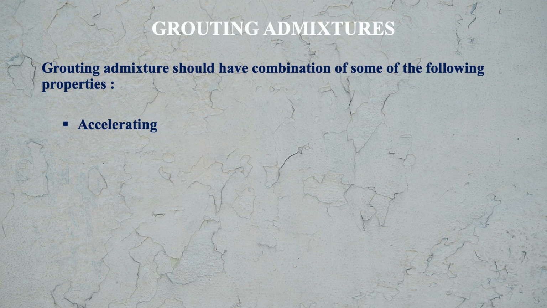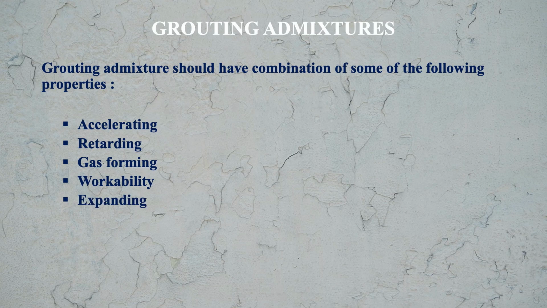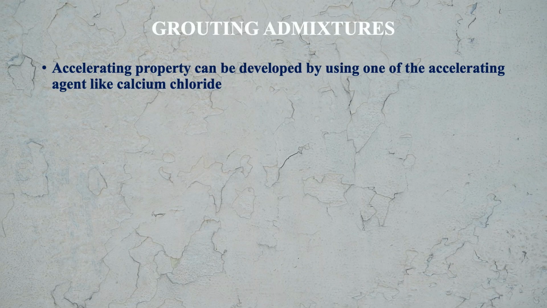Grouting admixtures should have a combination of some of the following properties. What are these properties? Accelerating property, retarding property, gas forming property, workability, and expanding property. So these are the properties which the grouting admixture should have, either one or a combination of these. Accelerating property can be developed by using an accelerating agent like calcium chloride.